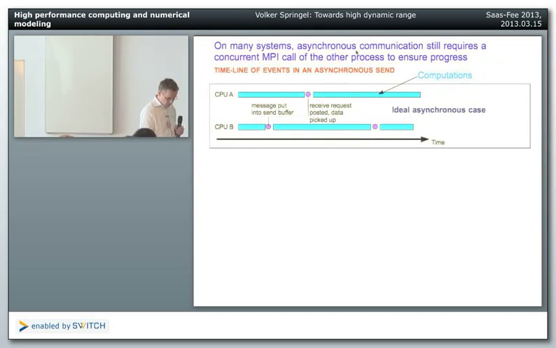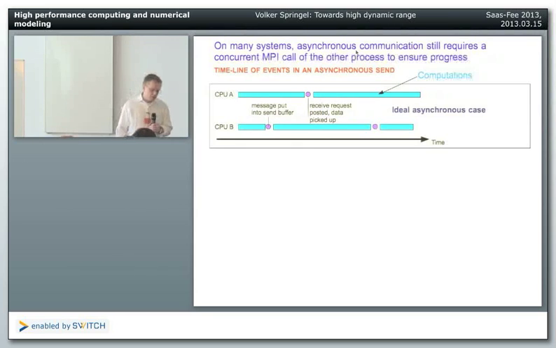There are ways to try to avoid this with asynchronous communication. This is also hard because, I mean, you would want a message to be sent asynchronously. If you entertain this idea, I tell you it's not so easy.